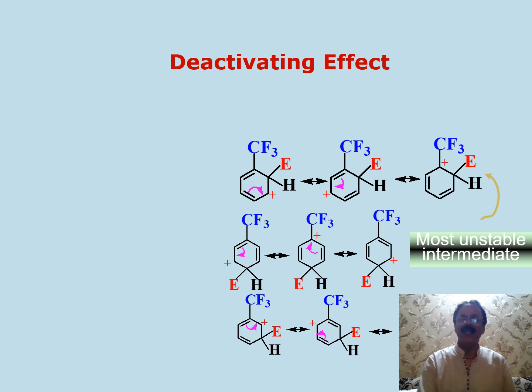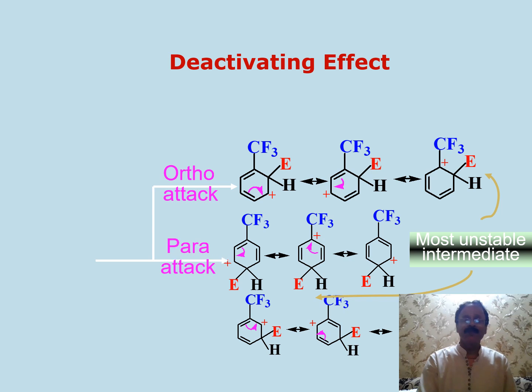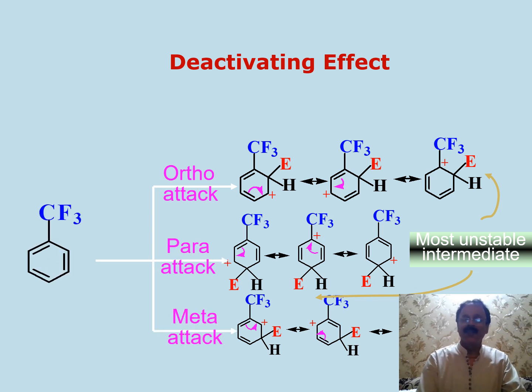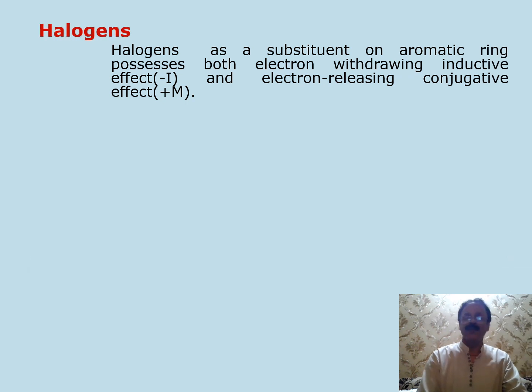But in case of meta attack, there are three resonating structures. So we know that the more the number of resonating structures, the more the stability. So in case of deactivating group, the carbocation formed by the attack on the meta position is more stable, therefore all deactivating groups direct the second substituent to occupy the meta position.